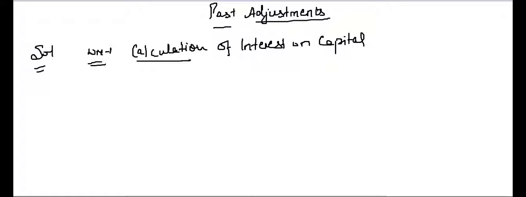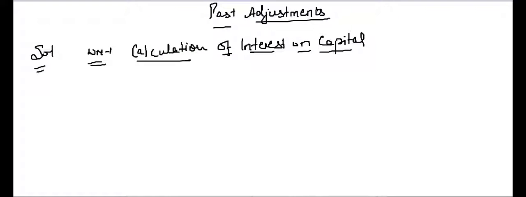For that, we will first calculate the opening capital, that is the capital we have on 1st of April 2013. For that we have three partners: Eileen, Monu and Ahmed.